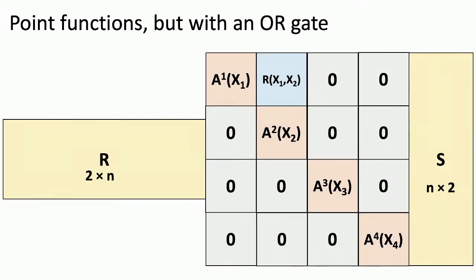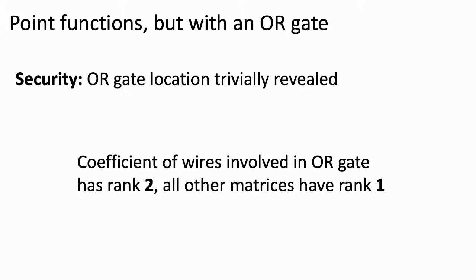Let's say I take a single OR gate. So I take the OR of 2 input bits, and then I take the AND with the rest. That's going to look something like this. My OR gave me a little blue square here, and now rather than these randomizers being vectors, they're now matrices of width 2. The problem with this is that I'm actually revealing the location of the OR gate.